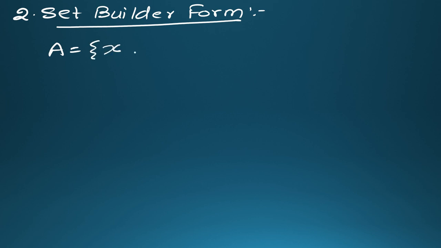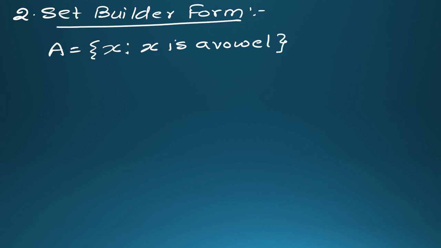You can write anything, but normally we write x, such that. In some books you will not see this colon; in place of the colon you will see a line like this. It also means the same, such that. So this is called such that x is a vowel.